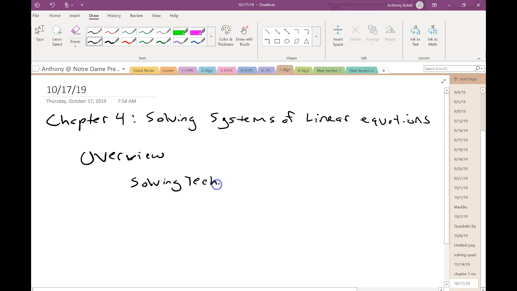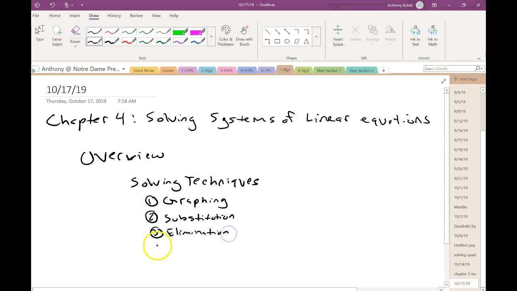So just to outline what we're going to do, the first part of the chapter we're going to be devoted to talking about different solving techniques. So solving by graphing, substitution, elimination, and then we'll talk about some matrix methods.